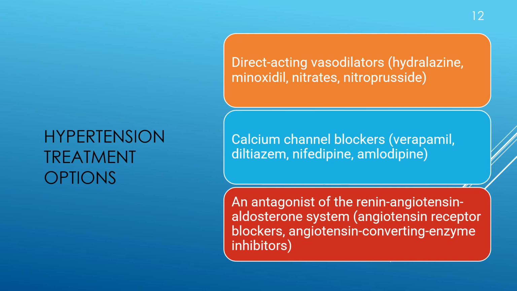So these are the basic pathways to manage hypertension with medications. You should recognize some of these names on the exam, and we do cover the pharmacology aspect of the exam in a different presentation. So just understand what these drugs are.